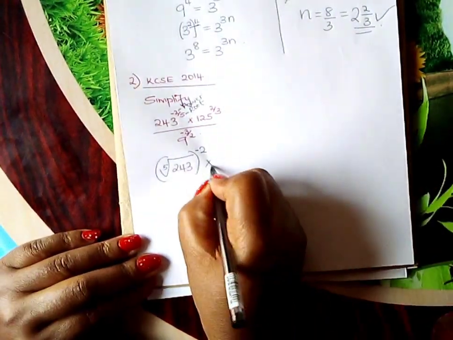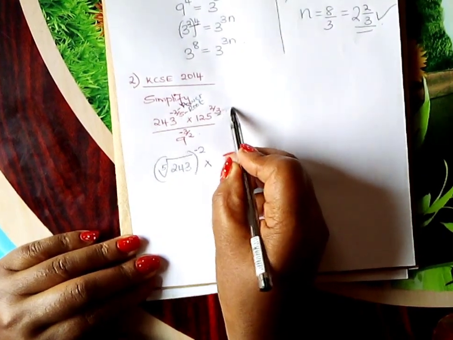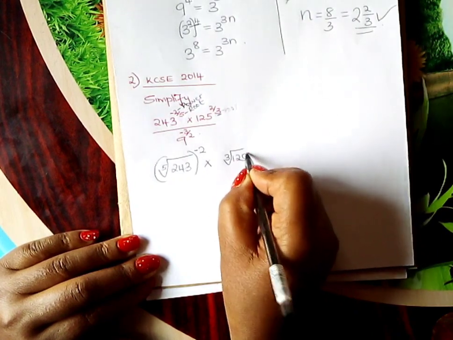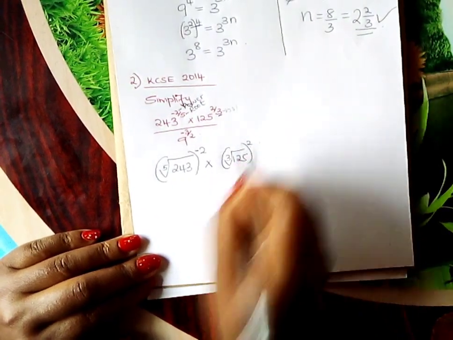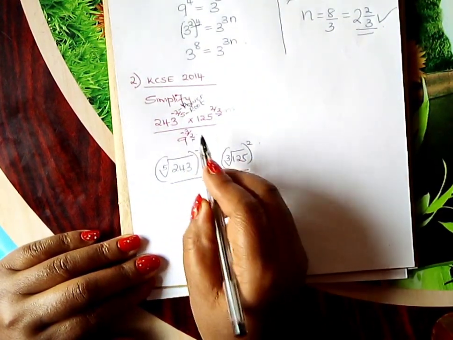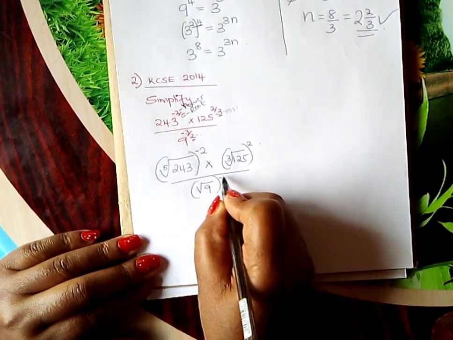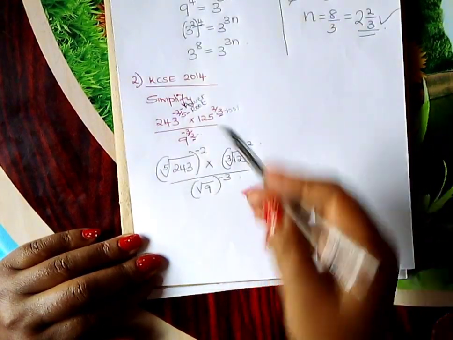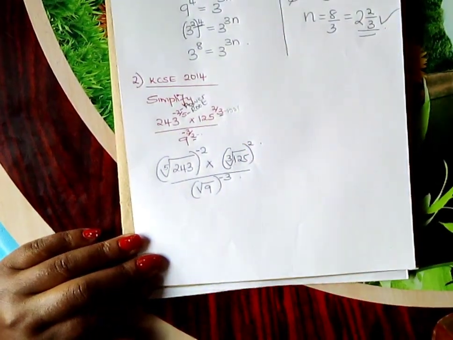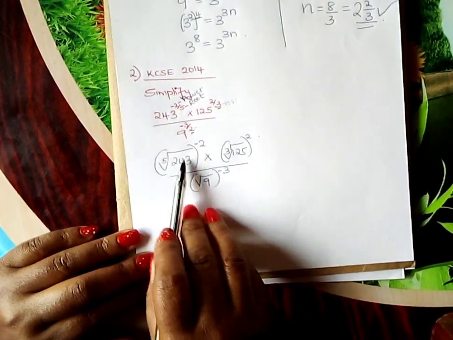Then, if it is 3 here, this is the cube root: cube root of 125 raised to power 2, divided by, if it is 2, the square root of 9 raised to negative 3. You have the root as the denominator and the numerator as the power.